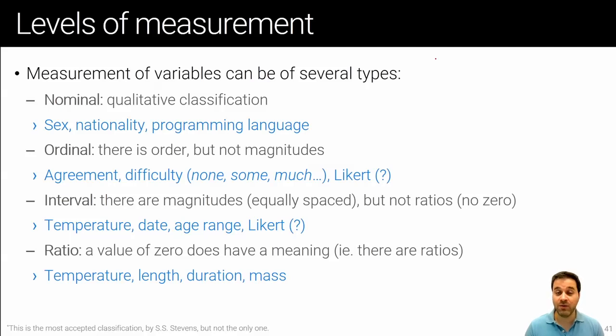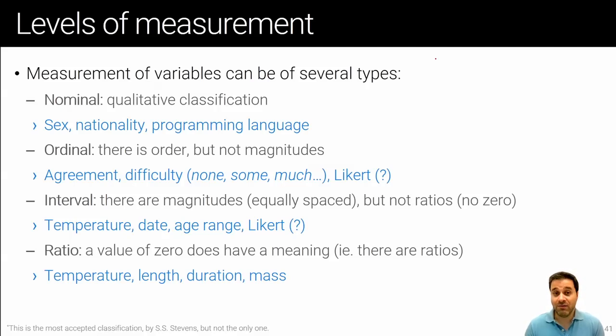Do you agree with this statement? Yes or no? Very much agree, very much disagree. Those are things that go before or after some others. Difficulty: none, some, or much. We know that none comes before some, comes before much, etc. But there's no notion of how far before, how far after.